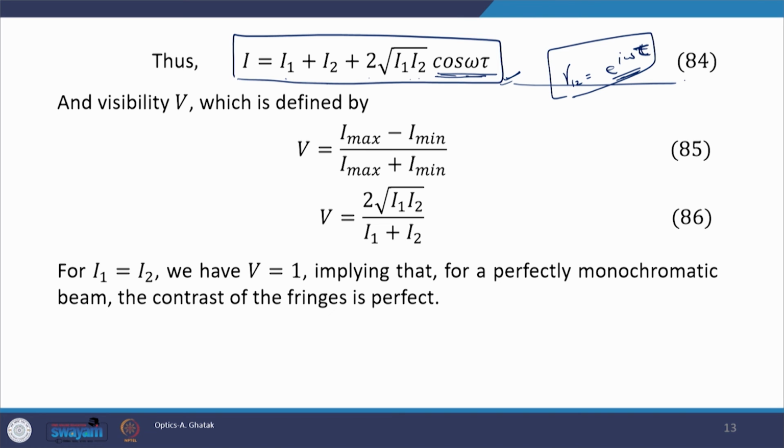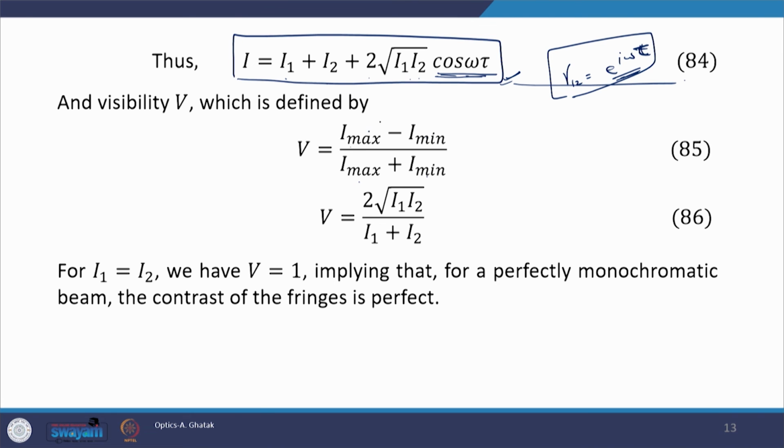I will introduce visibility formally after a few slides, but since it is relevant here in this calculation, I just quickly introduce visibility as I max minus I min upon I max plus I min, where I max and I min are irradiance maxima and irradiance minima in an interference pattern.